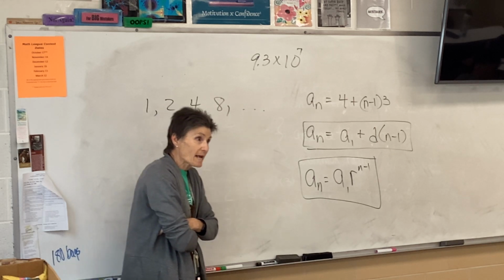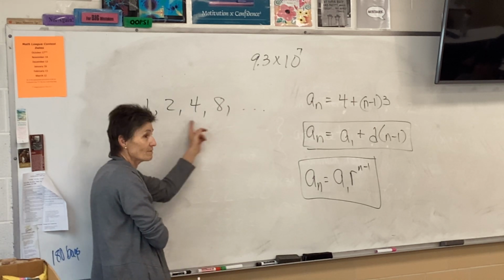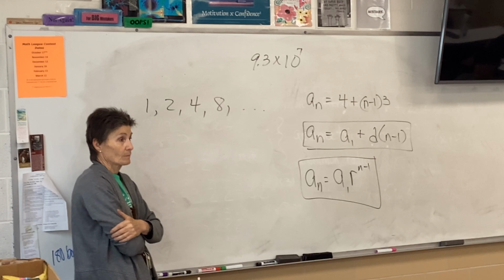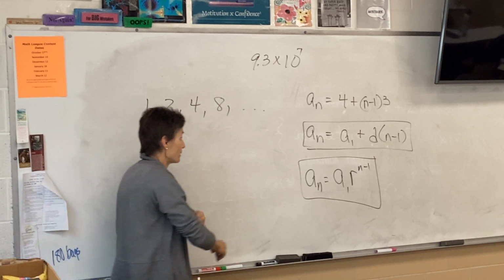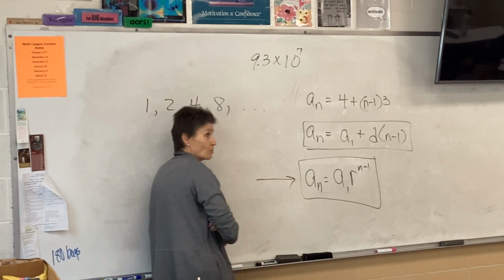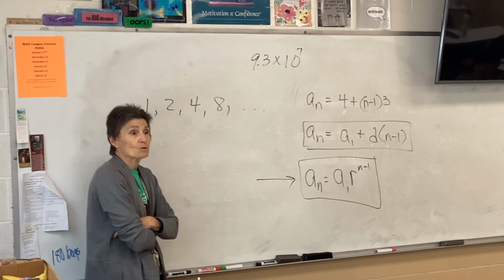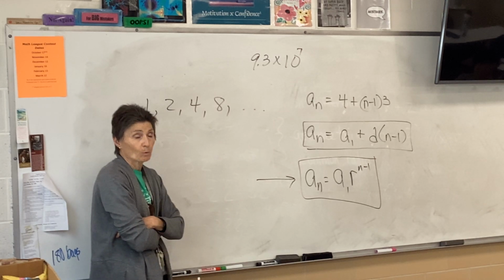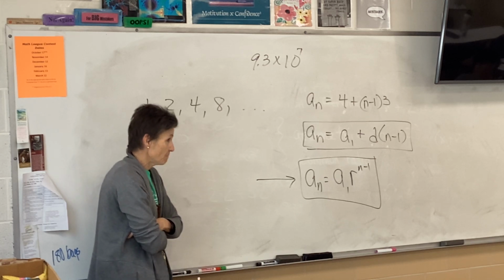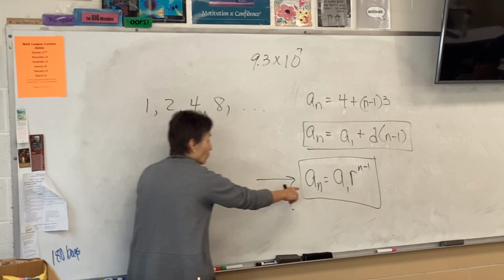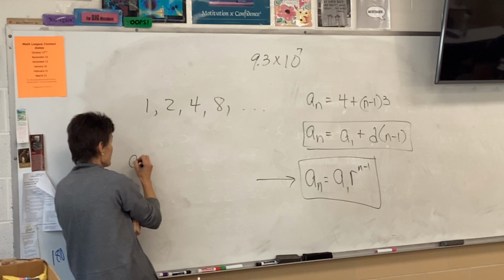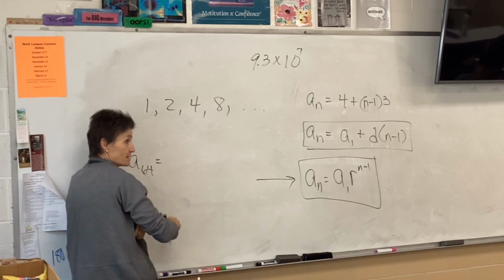Well, we can figure this out, because what kind of a sequence is this? Geometric. And all geometric sequences are going to conform to this pattern. All right, how many squares are there on a checkerboard? 64. So aren't we really wondering how many checkers there are on that 64th square?